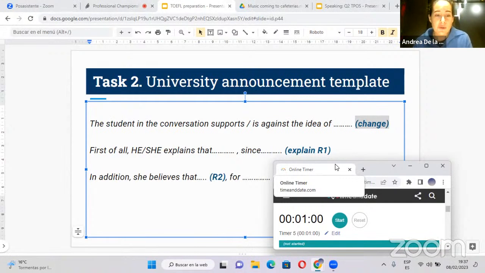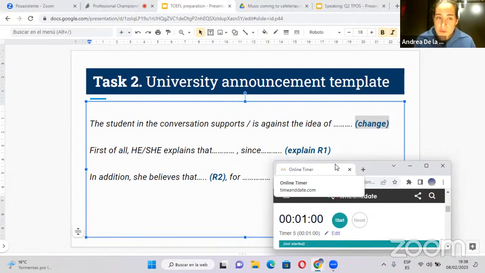Or in any case, if you don't want to do that, go with a conclusion, right? Try to fill that extra time. So you can say, and these are the two main reasons that the student explains why she feels that the university has made the right decision on this one, or something like that. So that is something that I suggest.